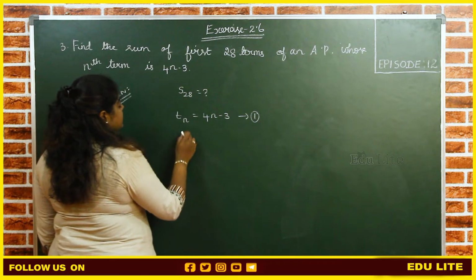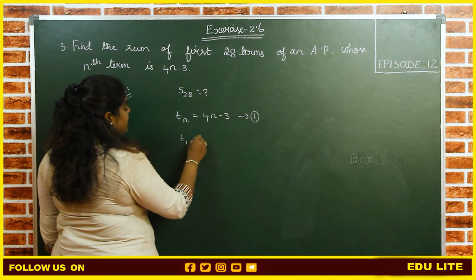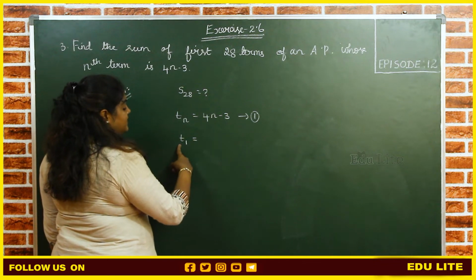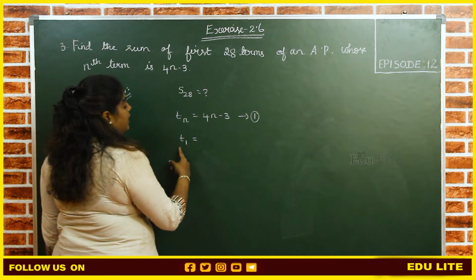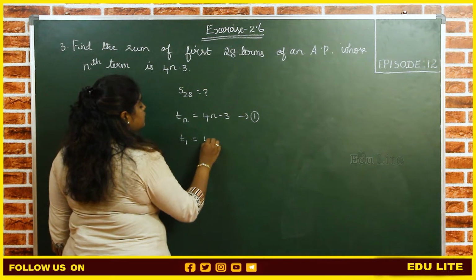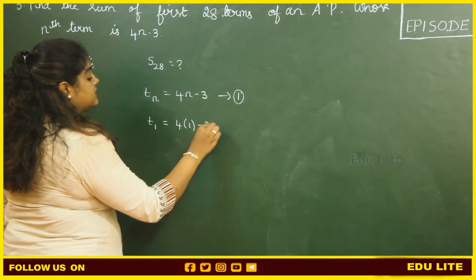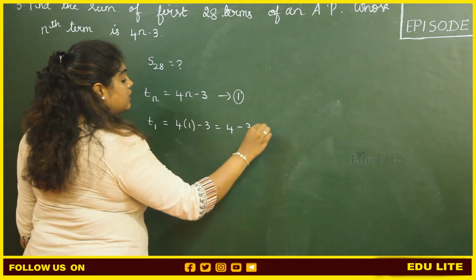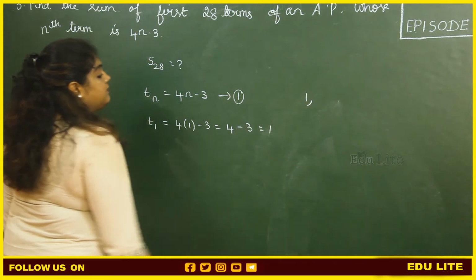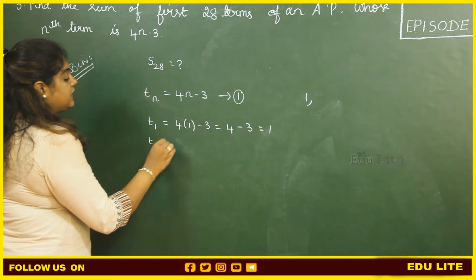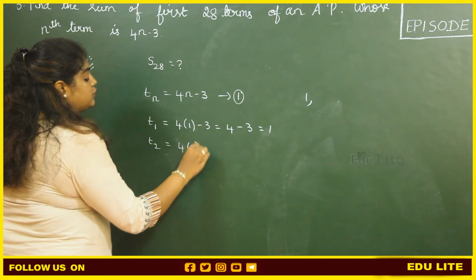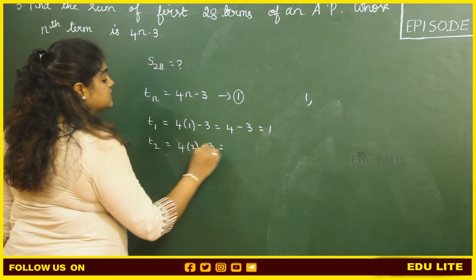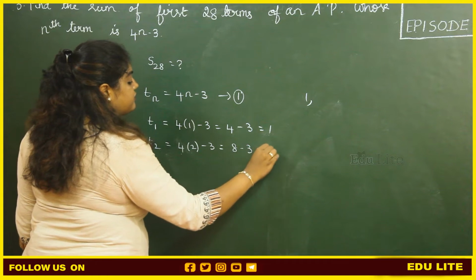First, if I substitute the value of n as 1, we will get the first term in the sequence, which is T1. Therefore, T1 equals 4 into 1 minus 3, 4 minus 3, 1. So the first term in the sequence is 1. Next T2 equals 4 into 2 minus 3. 4 twos are 8 minus 3, it is 5.